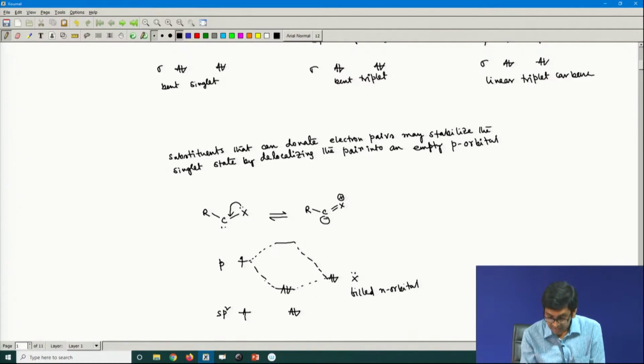If you see, that is getting reduced here, and in that way this particular singlet carbene becomes stabilized.